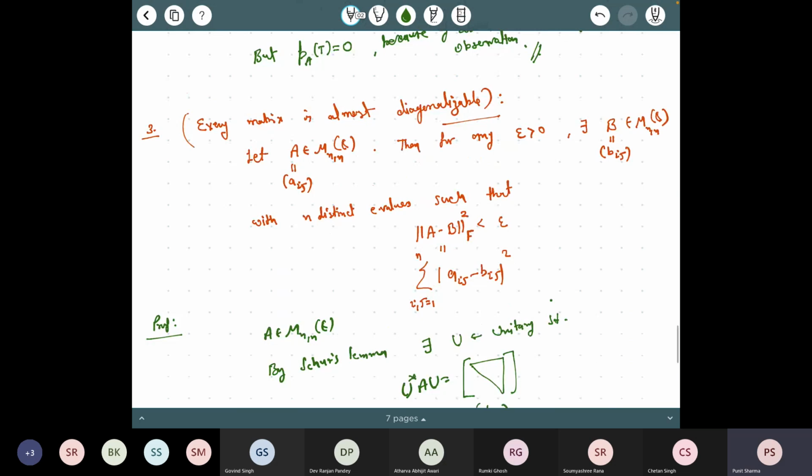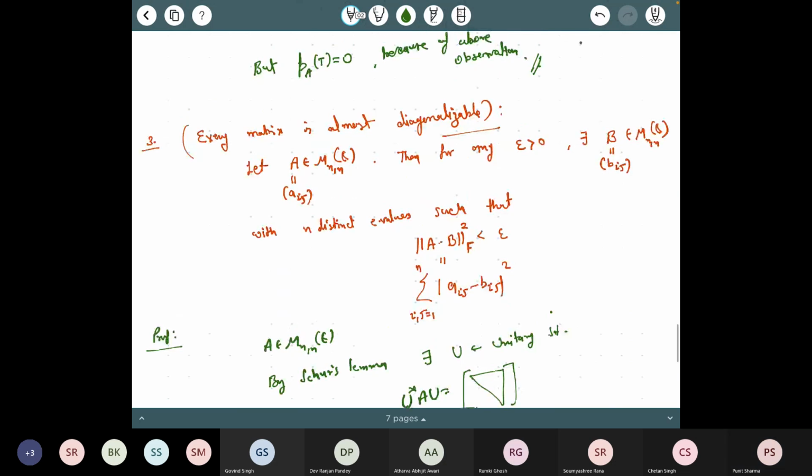In the same way, we can say that invertible matrices are dense in the space of matrices, or you can say that the singular matrices are highly sensitive. So these kinds of statements you can make from this result.